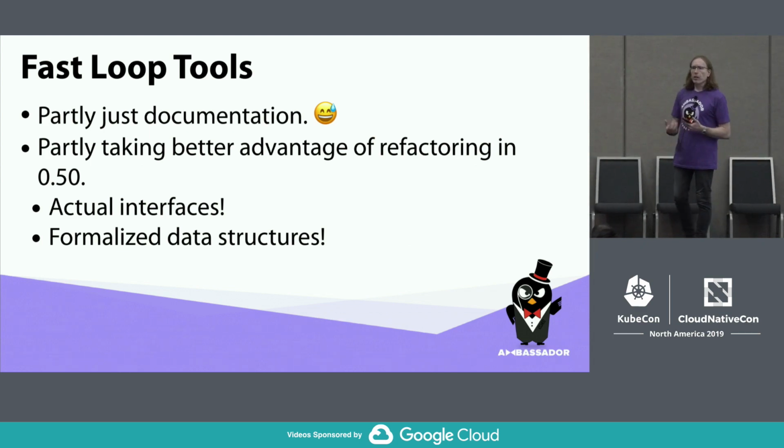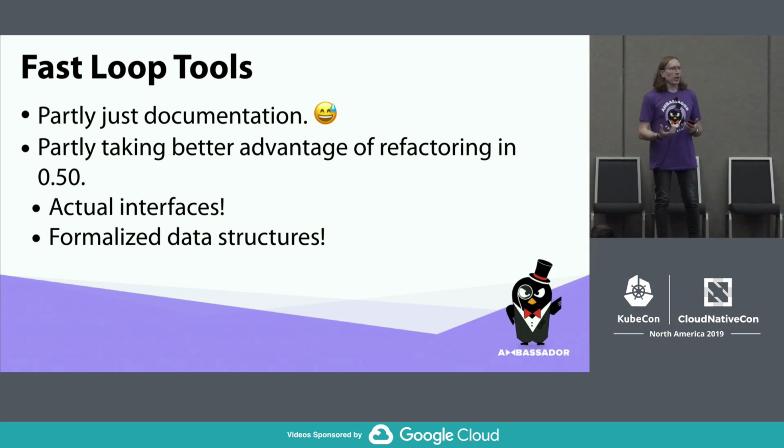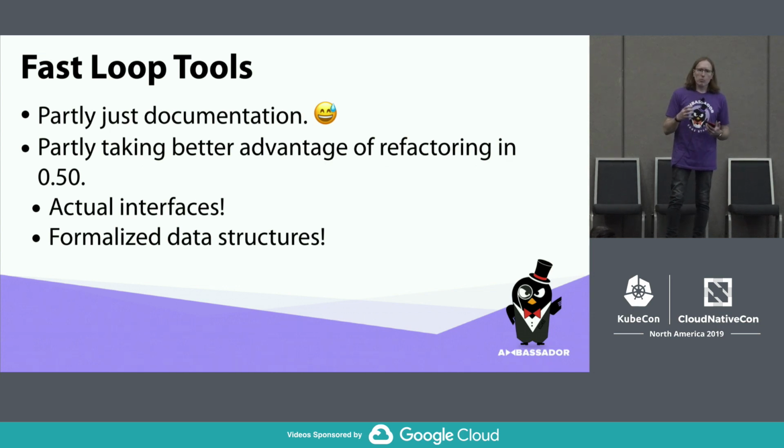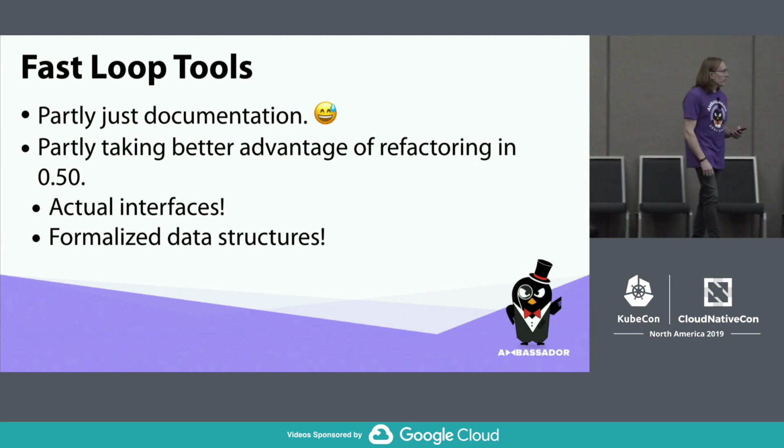And once we did the grand refactor, we actually had APIs, and we had formalized data structures, and we had things that we could use to really start looking at properly specifying how you could separate the input from the cluster and how you could do all that processing.